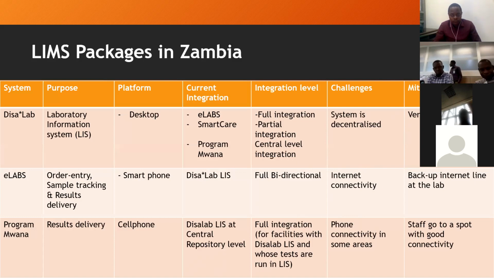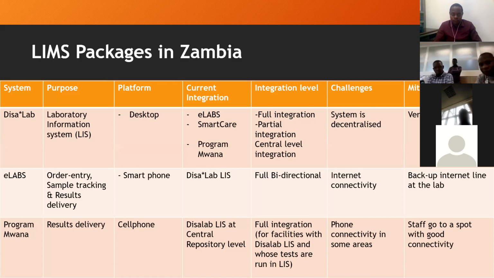The other LIMS packages we have in Zambia is the eLABS system, which is the order entry, sample tracking, and results delivery system. It is on a smartphone platform, as well as its current integration is on the DISA LIS. It's on full bi-directional level, which means eLABS and DISA are able to communicate to each other, as well as exchange of information.